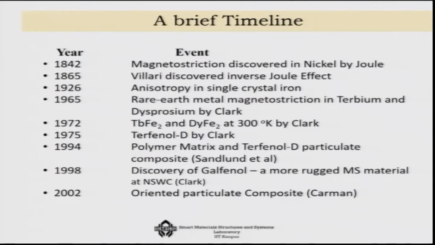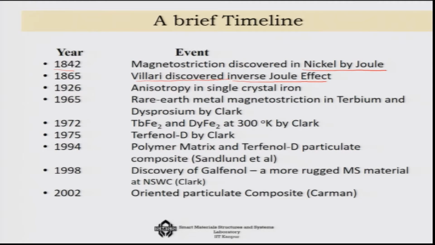Now, let us just look at a brief timeline of how these magnetostrictive materials evolved. As I told you, around 1842, James Prescott Joule first discovered it in nickel and later on in other ferromagnetic materials. Now, in 1865, Villari discovered what is known as the inverse of the Joule effect.